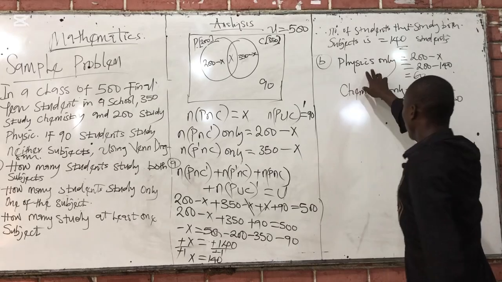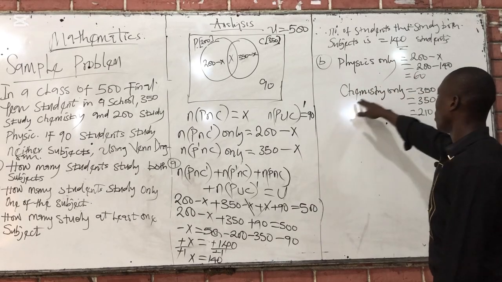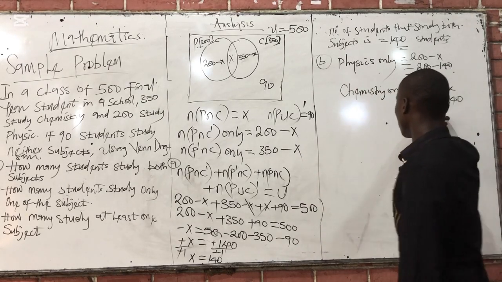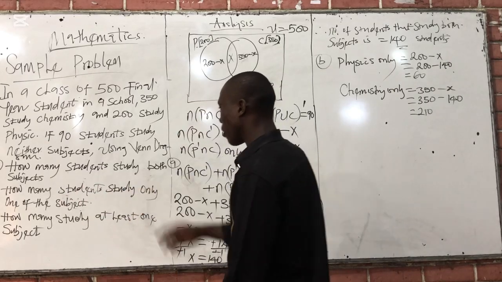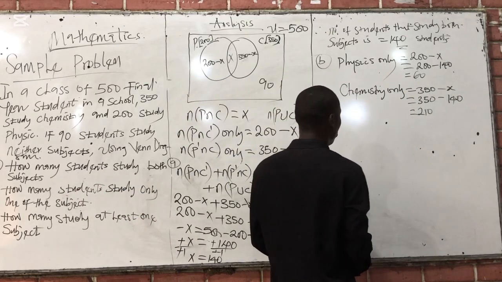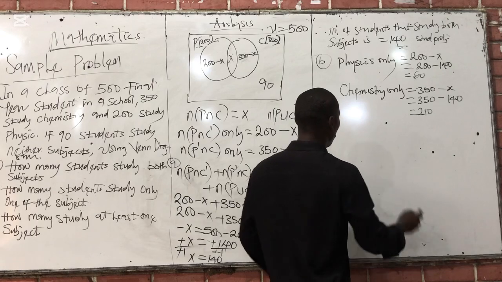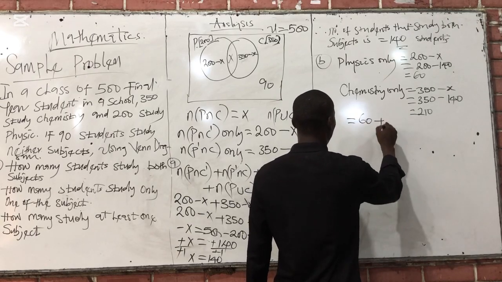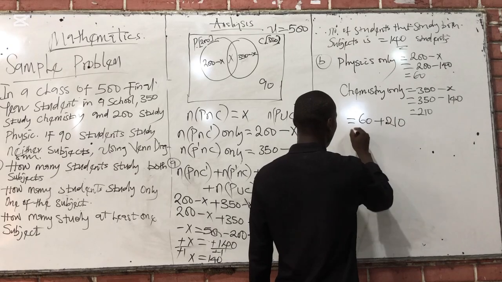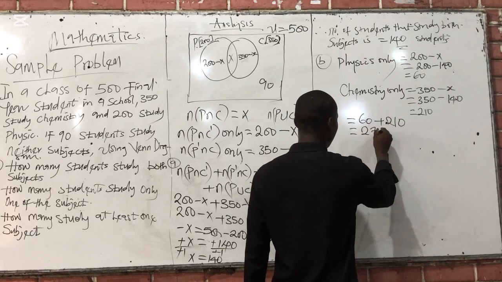So this is the number of students that studied physics only and the number of students that studied chemistry only. The question said, how many students studied only one of these subjects? So the number of students that studied only one of these subjects will be equal to 60 plus 210. So this will give us 270 students.